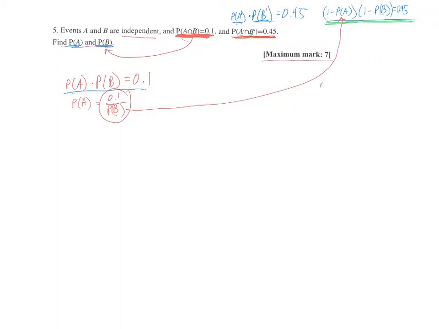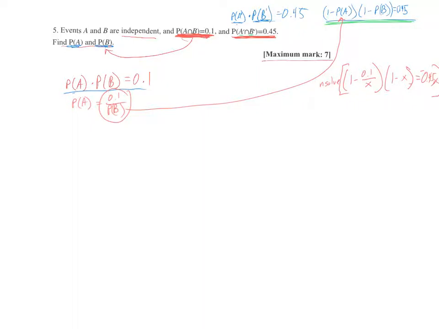I could just go in and solve 1 minus 0.1 over the probability of B, I'm going to make that X, and then I need to put an extra parenthesis in there, times 1 minus X. And then that all equals 0.45, solve for X, and then close my parenthesis. So that would be one way to answer this question, all right?